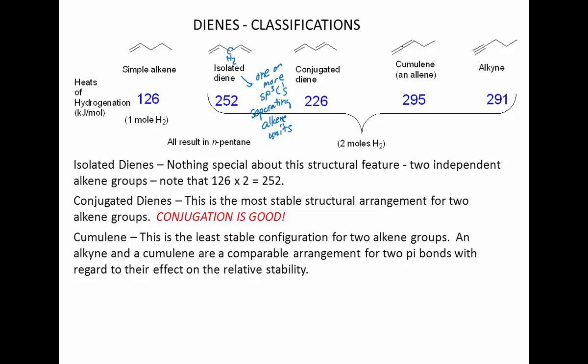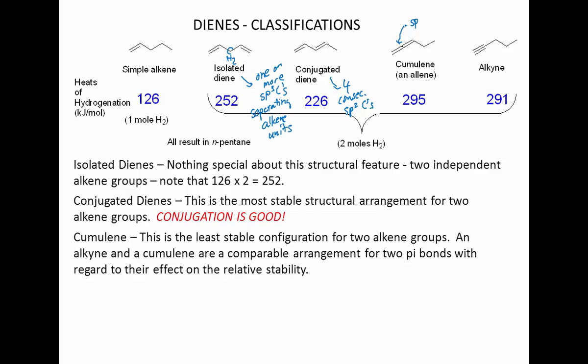In a conjugated diene, we have 4 consecutive sp2 carbons, and in a cumulene, we have 1 carbon, it's sp hybridized, that's part of 2 different alkene groups.